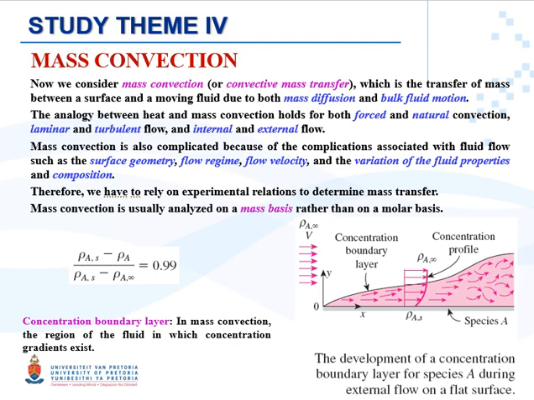This analogy between convection heat transfer and mass convection is valid for forced or natural convection, as well as laminar or turbulent flow regimes, or internal or external flow. You remember correlations for convection heat transfer? Most of them were empirical or semi-empirical ones.